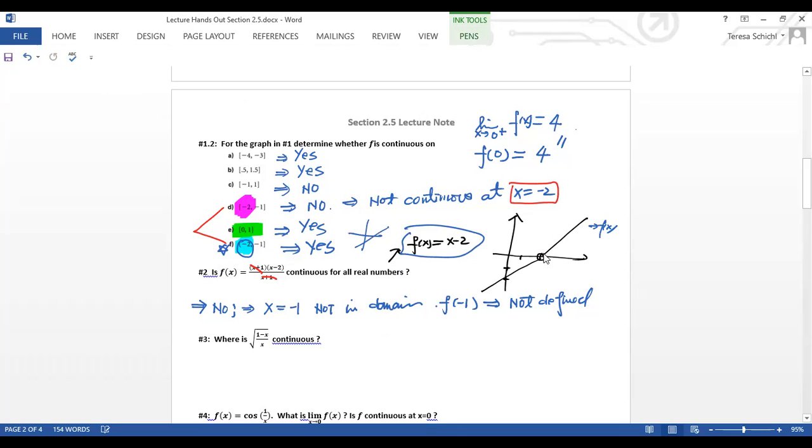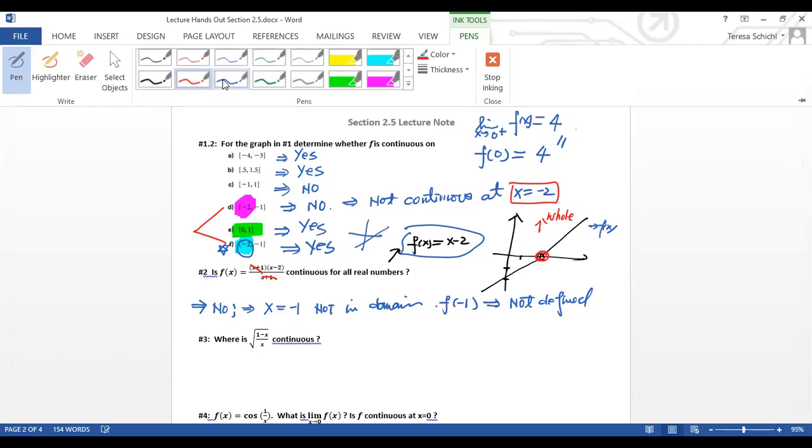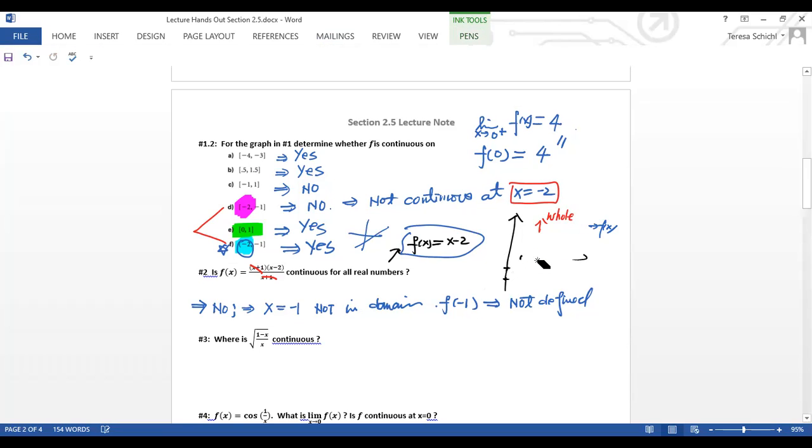You get a hole here. That's the whole difference, because in the original function, x plus 1 cannot be equal to 0. So I know x equal to -1 is not in the domain. I'm sorry, so it should be at -3 here. I drew the hole in the wrong place. Oh boy.